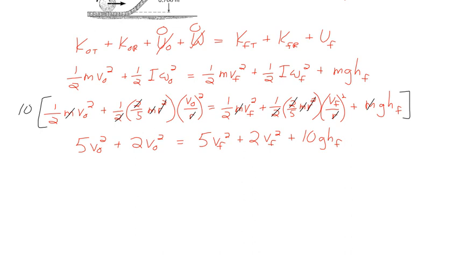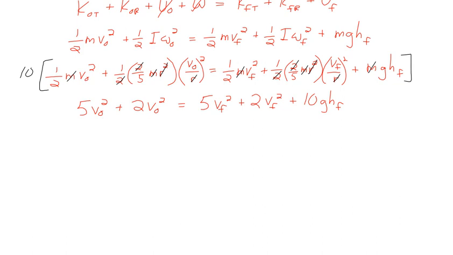And I can combine like terms. So on the left side, I'm going to have 7 VO² equals 7 VF² plus 10 GHF.